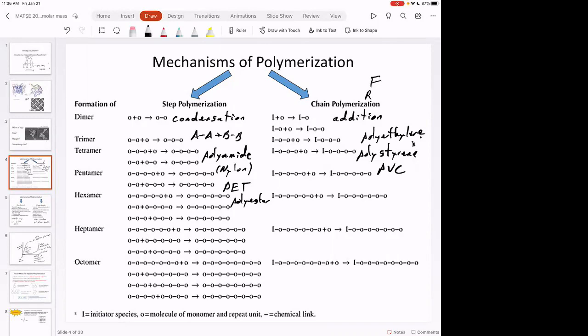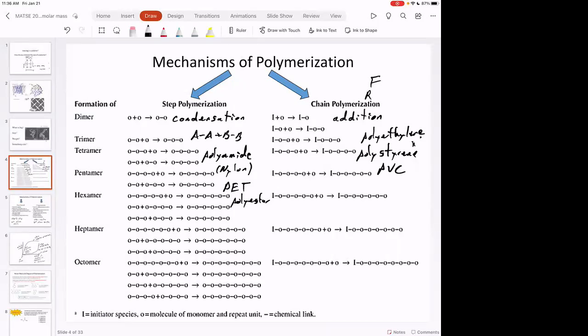Any other questions? Yes. Is it possible for a polymerization reaction to have both qualities, like both addition and condensation? Not in this class. If there is mixed polymerization, it will be obvious. You'll be able to see it because what is the signature of addition polymerization? No byproducts.